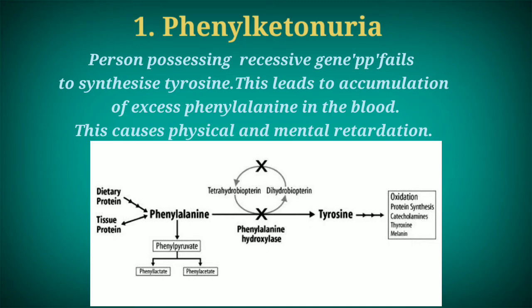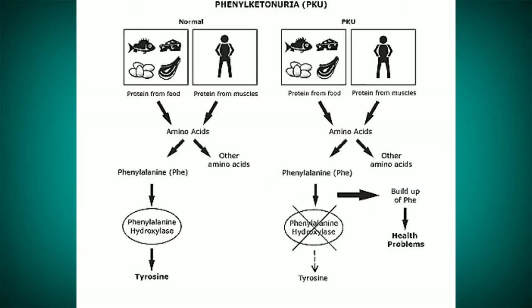And because of the absence of this enzyme, phenylalanine cannot be converted into tyrosine, which is responsible for many metabolic pathways such as oxidation, protein synthesis, catecholamines, thyroxine, melanin. So such other metabolic processes couldn't be completed.